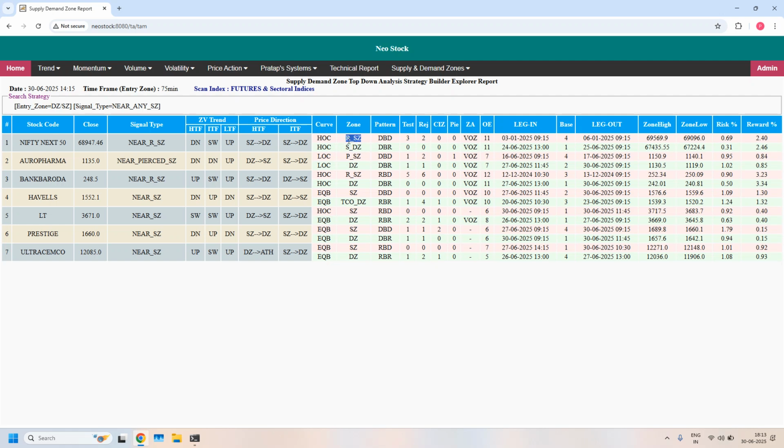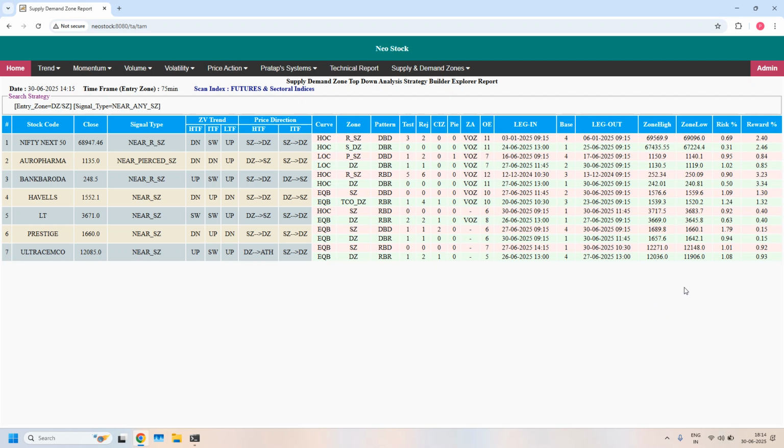Because the zone is having both zones as high liquidity zones, either side you may get trade opportunities, even though it is in stocks near to the 75 minutes supply zone. Next, Bank of Baroda is also having a 75 minutes high liquidity supply zone. So that's it. We identified 2 75 minutes high liquidity supply zones from this list. So this is about HLQ zone identification from daily and 75 minutes stocks near demand and supply zones.